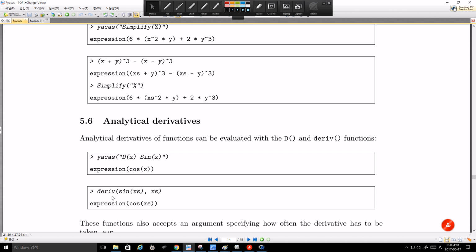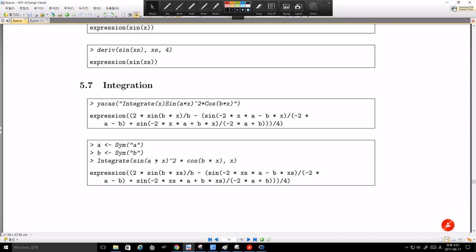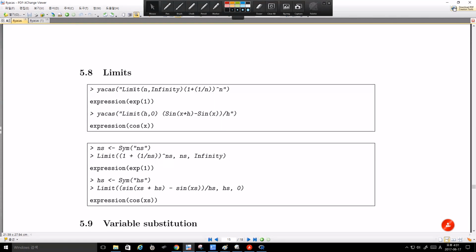Take the derivative. Integration, it can do integration. This is a bit complicated integration, right? Integrate x, this one, complicated with symbols a and b, so yeah, we can use the symbols a and b and then do the integration. And limit, it can calculate limits, right?